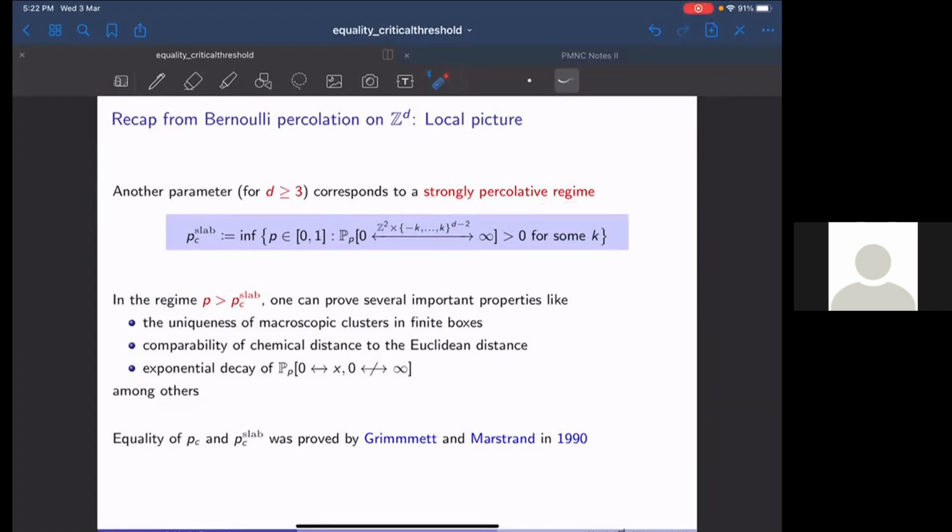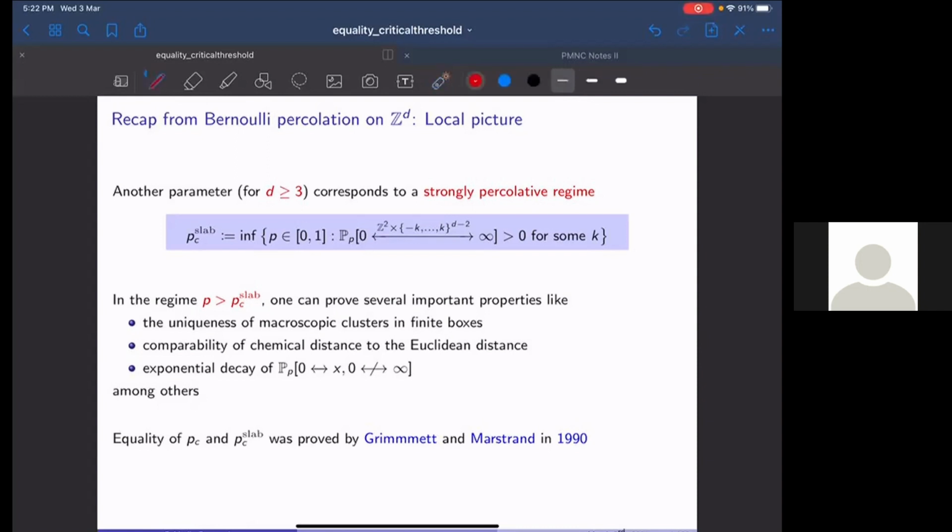It's a thickening of Z2, an infinite slab. The slab percolation threshold demarcates the regime in which, if P is bigger than PC slab, then you actually percolate. In order to percolate, you don't need the entire lattice, but you can percolate in a thick enough slab.